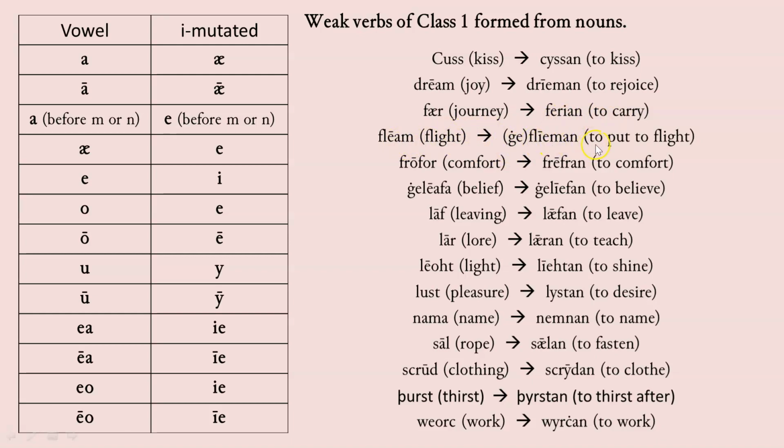Phileaman, to put to flight, or phileaman, past tense there, to put to flight. All right, the in the front, they're giving it that past tense sense. Farovar, comfort. Farevaran, to comfort. Notice here the F, farovar, the F becomes a V sound, and here farevaran, to comfort.